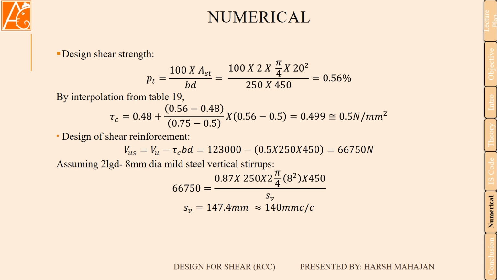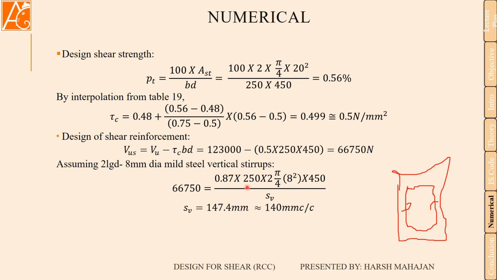Two-legged means, if this is the beam section, then shear reinforcement will be like this, this vertical and this vertical are considered. So two-legged 8 mm diameter bar is considered.